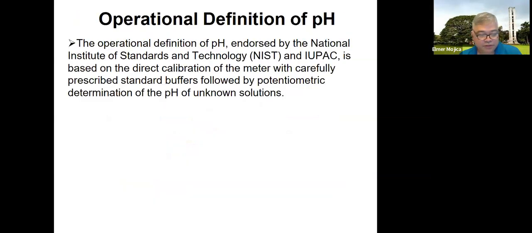Now, if you're going to look at the operational definition of pH, NIST, the National Institute of Standards and Technology, and IUPAC say it's based on the direct calibration of the meter with carefully described buffers, followed by potentiometric determination of unknown solutions.